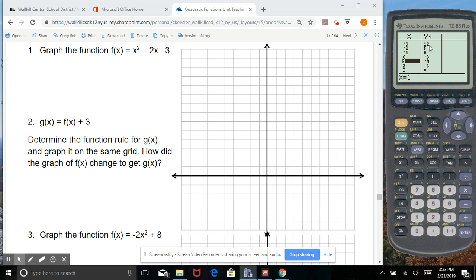Since all the other points on the y-axis are more than -4, that proves to us that this is going to be a minimum point. I know that, though, just by looking at my function rule. I know that the x squared term is positive, therefore this function is going to go up and have a minimum point. So taking a look at these points, we can go ahead and graph, starting with -3, 12.